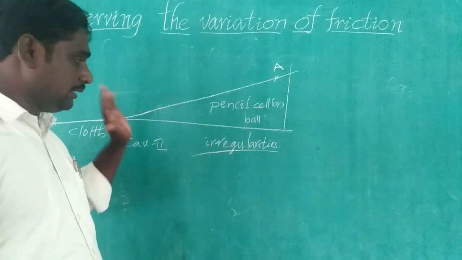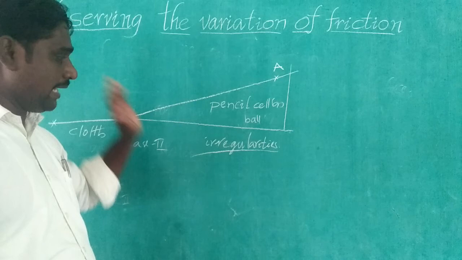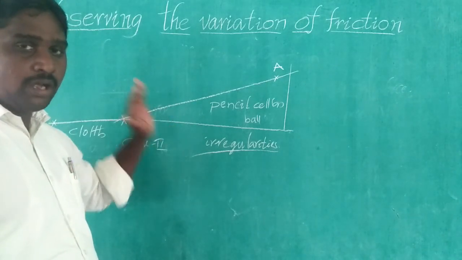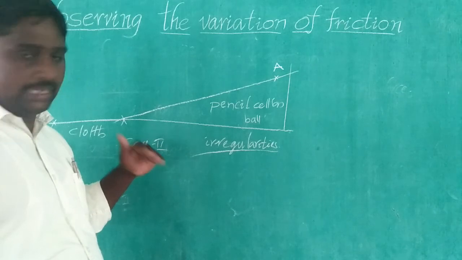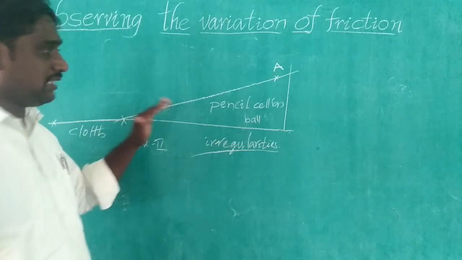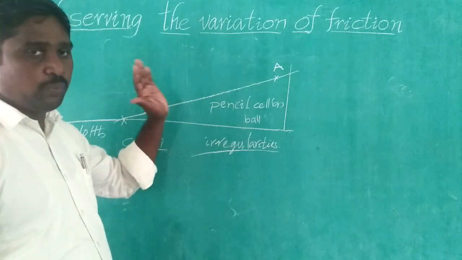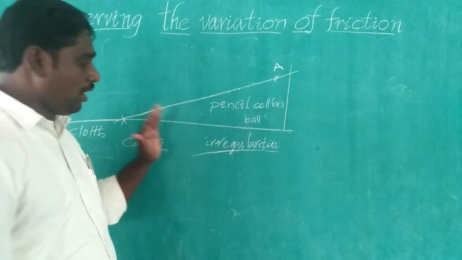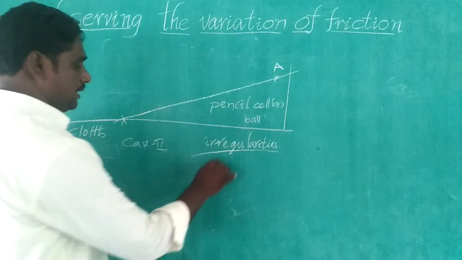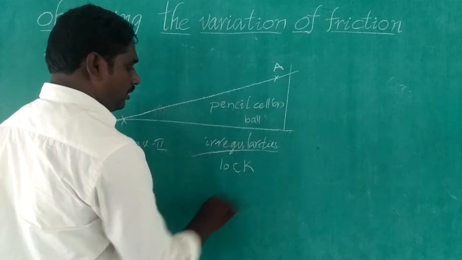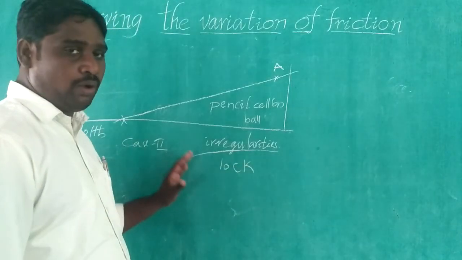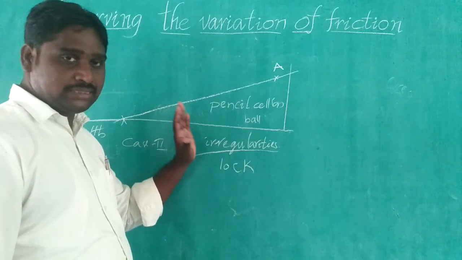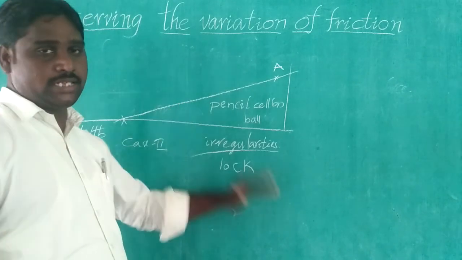So these plane surfaces have a number of irregularities, meaning ups and downs. The irregularities on the two bodies are interlinked with each other. These irregularities lock one into another when the two surfaces are in contact.